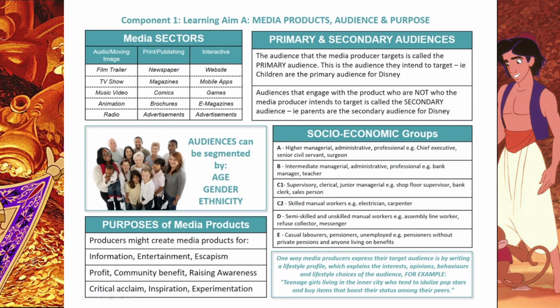Aladdin historically has had video games. It's had more than one feature-length movie. It also had a TV show that ran in the 90s. It's had comic books, and it's had its fair share of merchandise as well. So anything you can think of that suits that profile.